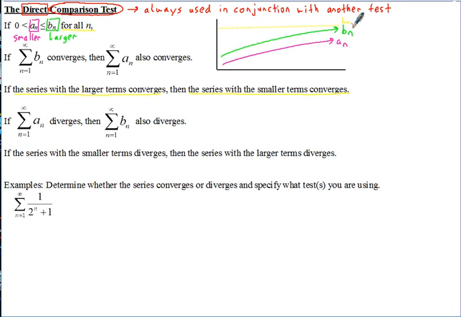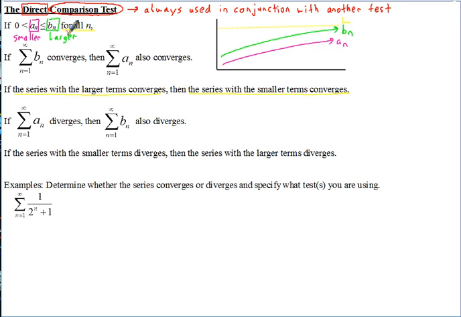Since b sub n converges at some horizontal asymptote with a limit L, a sub n would also have to converge, because it could converge at the same place, L, or some horizontal asymptote that's less than L, but what it can't do is diverge, because in order to diverge, it would have to go up to infinity, which means it would have to go above b sub n, which we know is never going to happen, because a sub n is always less than or equal to b sub n. So it has to stay below it, hence it also would have to converge.